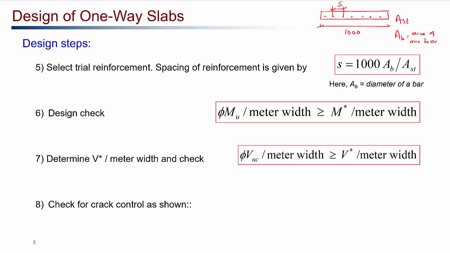Then we can find the spacing between the reinforcement as 1000, because it is a 1000 millimeter beam, multiplied by the area of one bar divided by the area of reinforcement calculated for this whole section. That will give us the spacing between the bars.